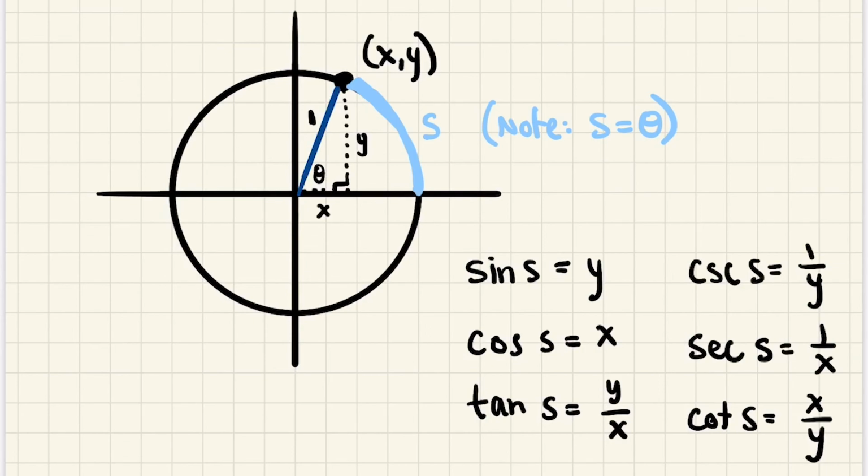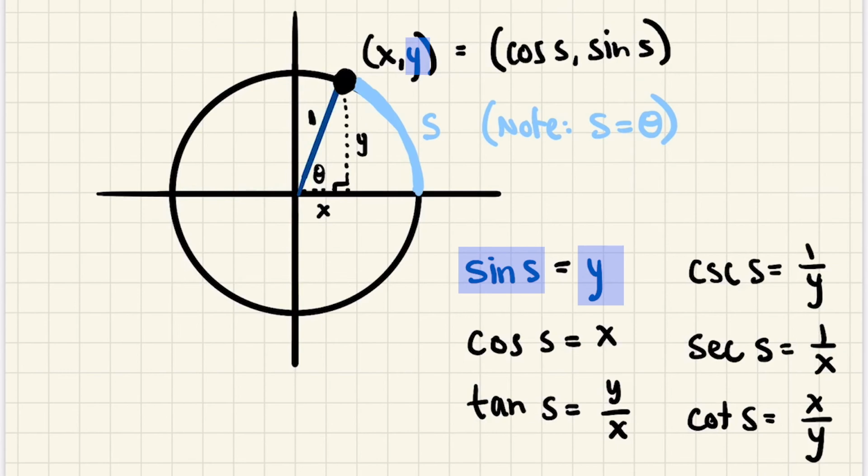So, great. This doesn't seem particularly groundbreaking until we go back to the unit circle, and we note that any point on the unit circle is labeled (x, y). Okay, but since x is equal to cosine of s and y is equal to sine of s, that actually means that any point on the unit circle can be labeled as cosine and sine of the arc length.